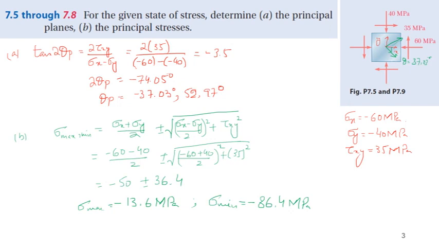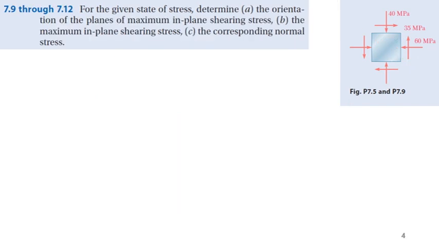Okay, let's see problem 7.9. That is again linked to the previous one. In this problem, for the given state of stress, we have to find the orientation of maximum in-plane shearing stress. What is maximum in-plane shearing stress?